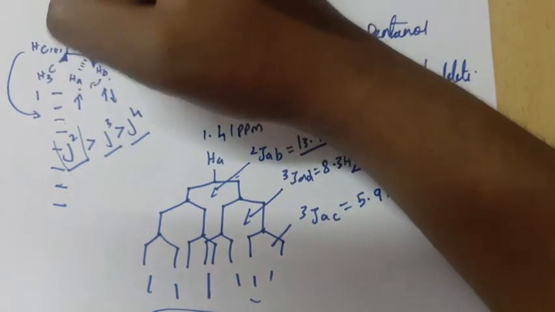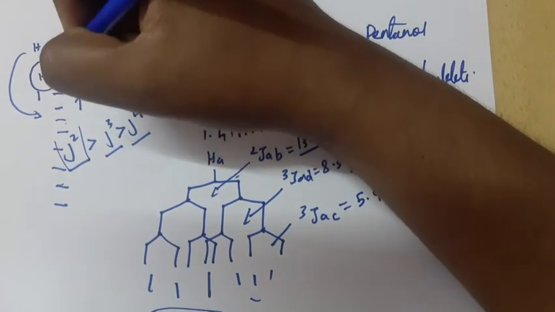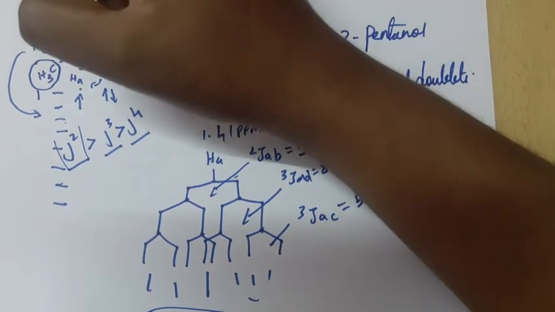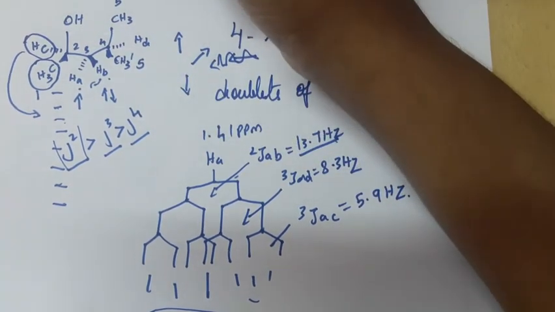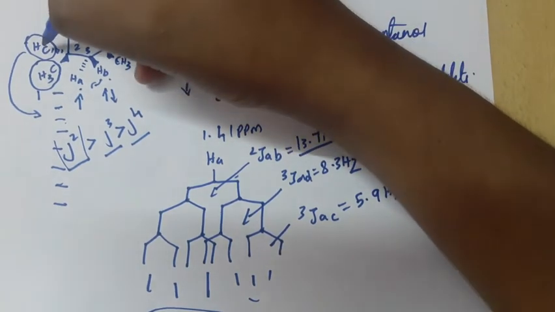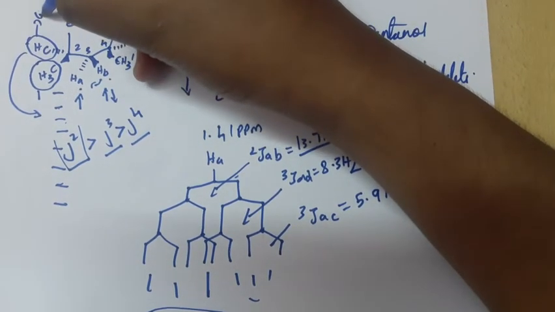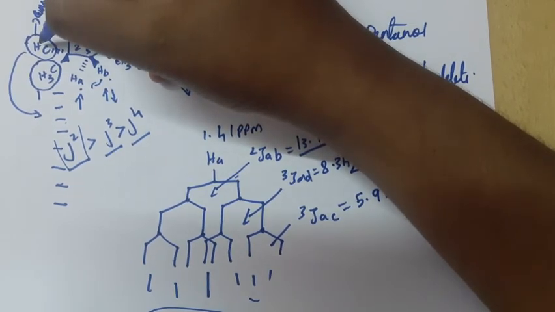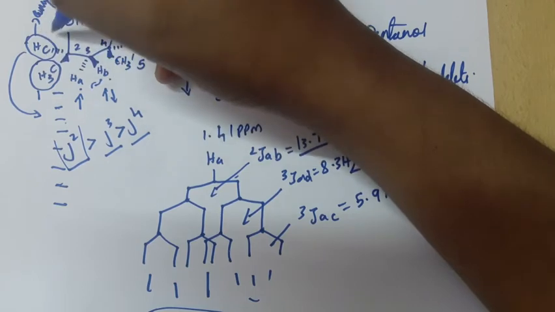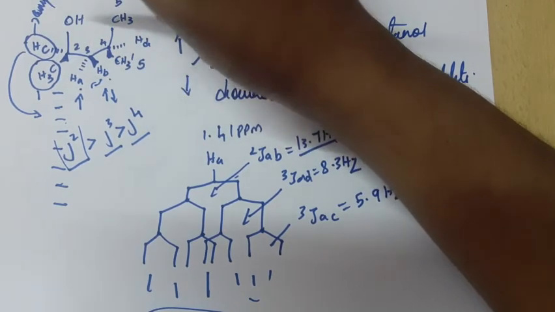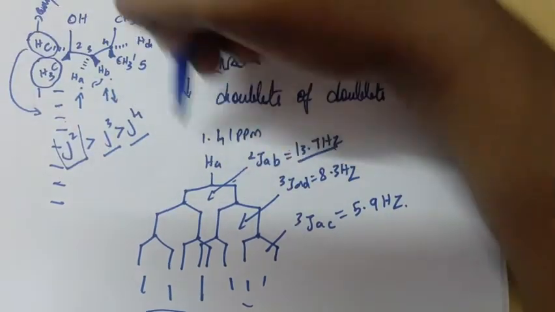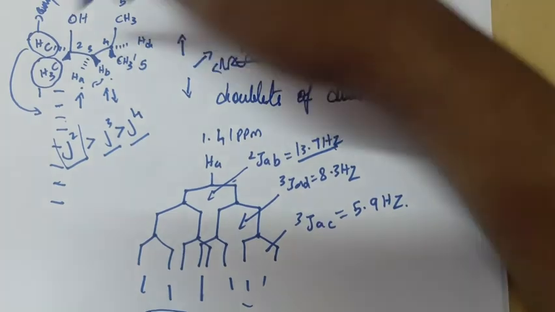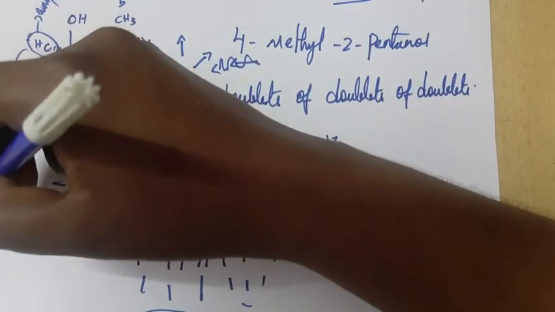Okay, let's come to this thing here. That is the HC proton. It's going to have a very, very complex spectrum because this H is going to couple with these 3 H and this H and this A and this B, and it's very difficult to draw a tree diagram for this proton here, but it's going to be a multiplet.